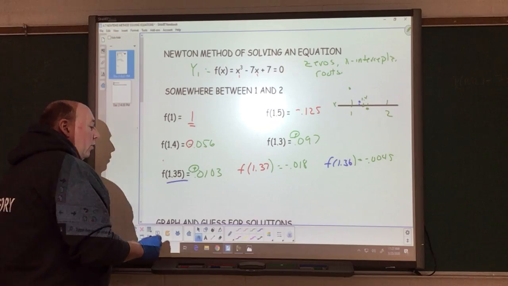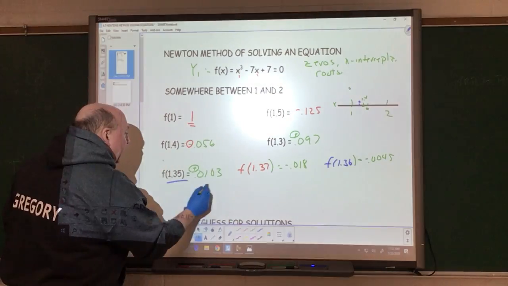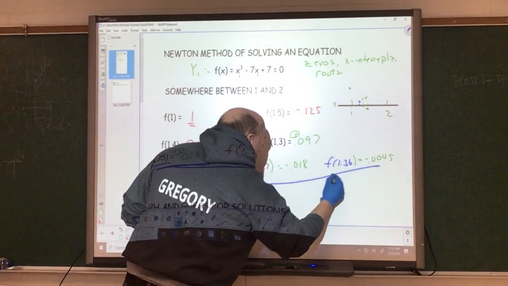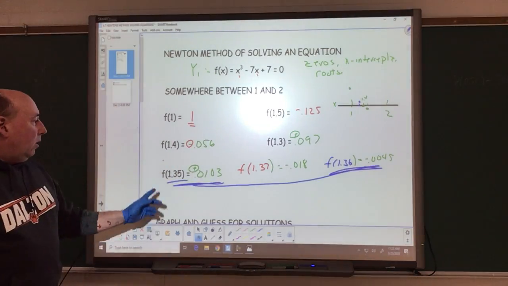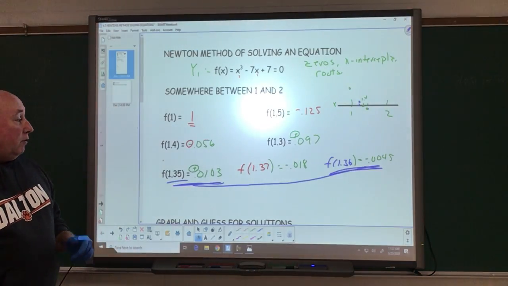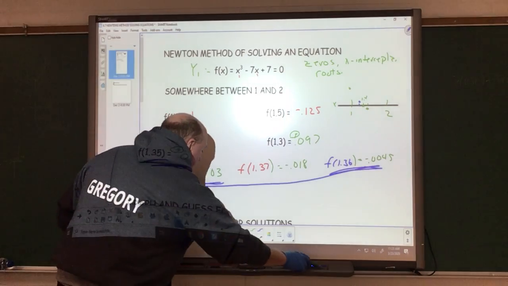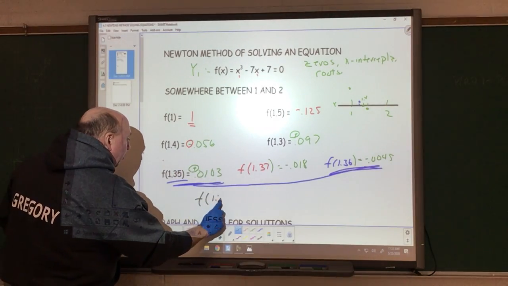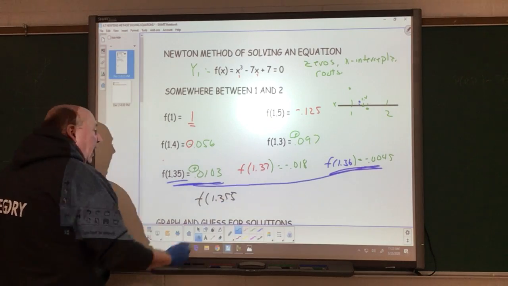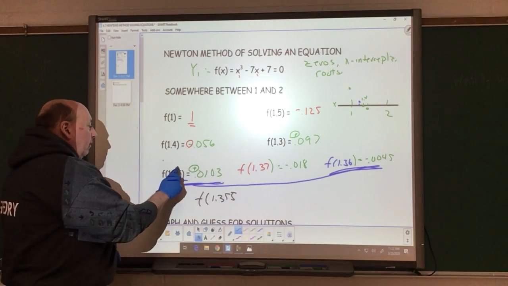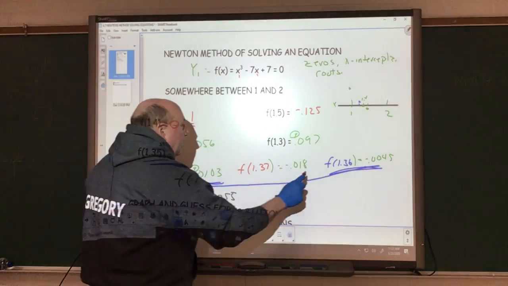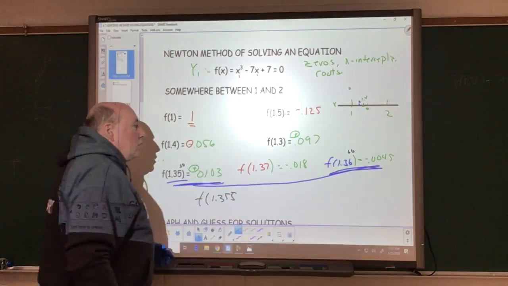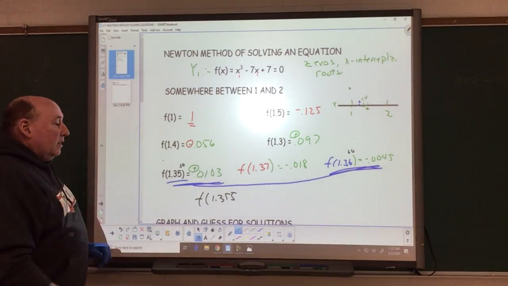So that means that we have to be somewhere in between this value here and this value over here. Well, what's the halfway point between those two values? Let's just go for giggles, one other value, a function value at 1.355, because this would be 50, this would be 60, let's go 55. Let's see where we're at.